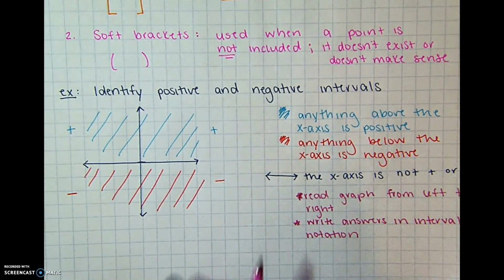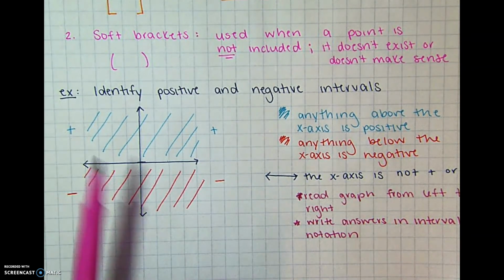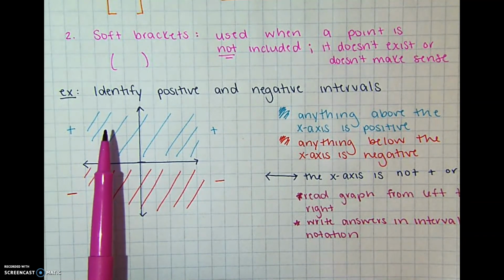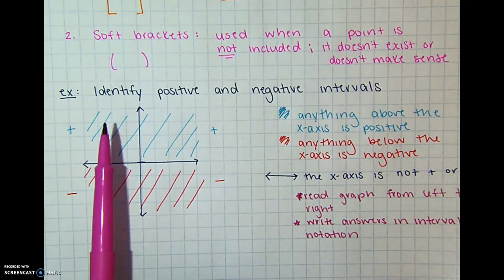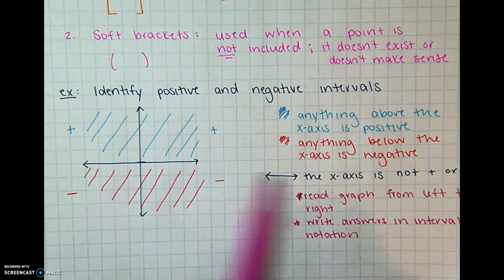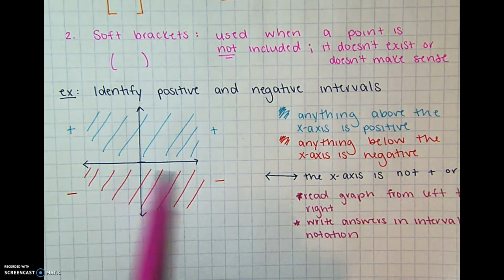And then you need to just ask yourself questions like, do the points make sense? So if it's up here, it would be positive. So then it's a hard bracket because it's included and it can be positive. But if it's on the axis, it's not positive or negative, and so it would be a soft bracket. But we'll talk about that in an example.